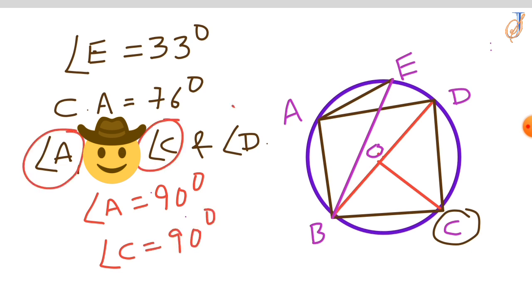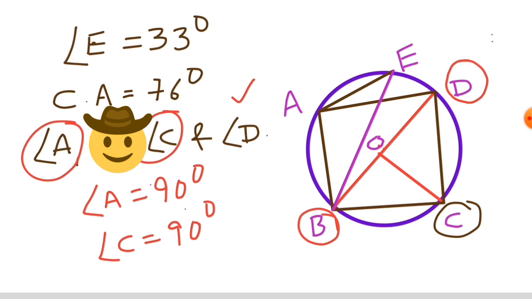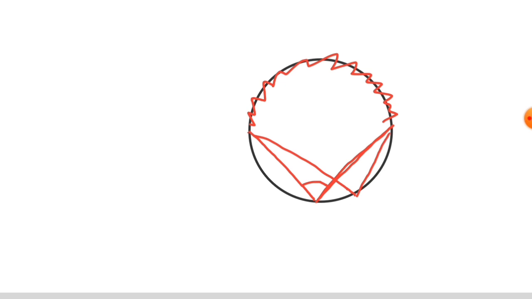Now focus on D. For that you have to recall the inscribed angle theorem. If you have a circle, and you draw an inscribed angle here, for this inscribed angle the arc is this one, right? If you draw one more inscribed angle here, for this also the arc is the same, isn't it?